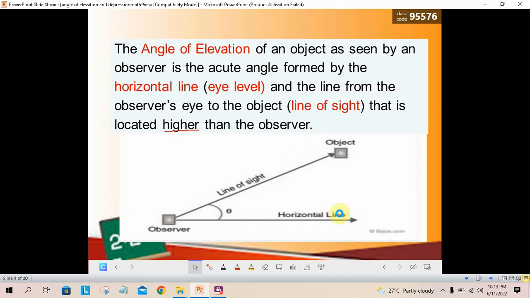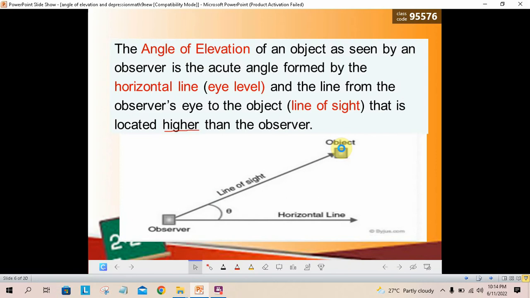And we have here the horizontal line. We have here the theta, and this is the angle. This is the angle formed between the line of sight and the horizontal line, and the line from the observer's eye to the object.